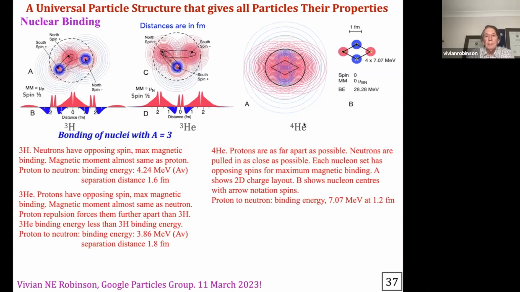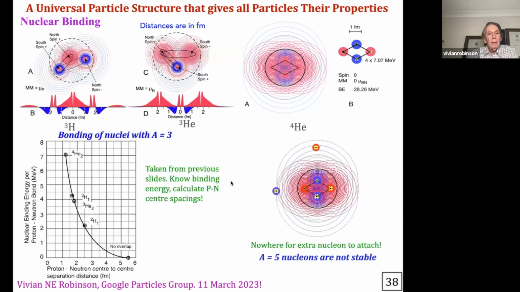You finish up with a particle with no residual magnetic binding, and 28.28 MeV binding energy. They're very strongly bound, 7.07 MeV per nucleon, at a distance of about 1.2 fm.